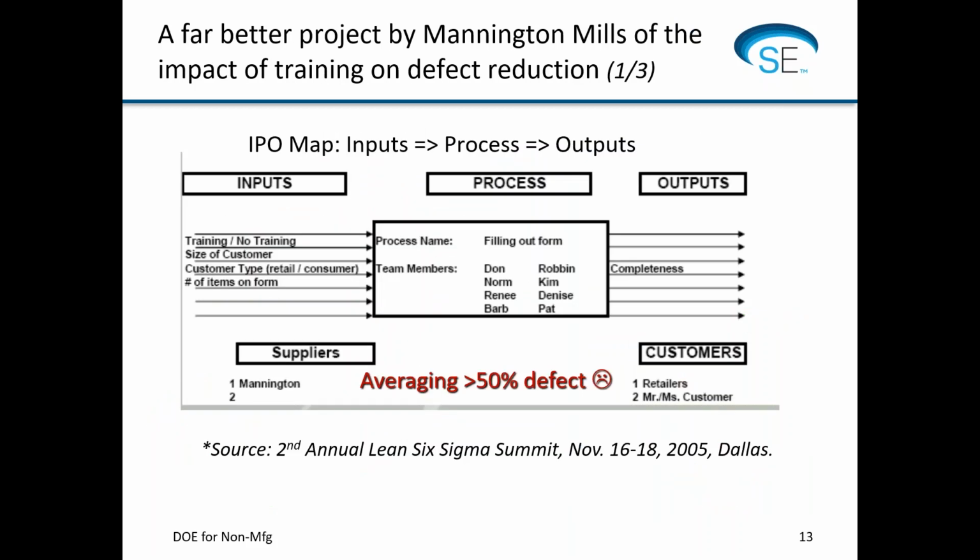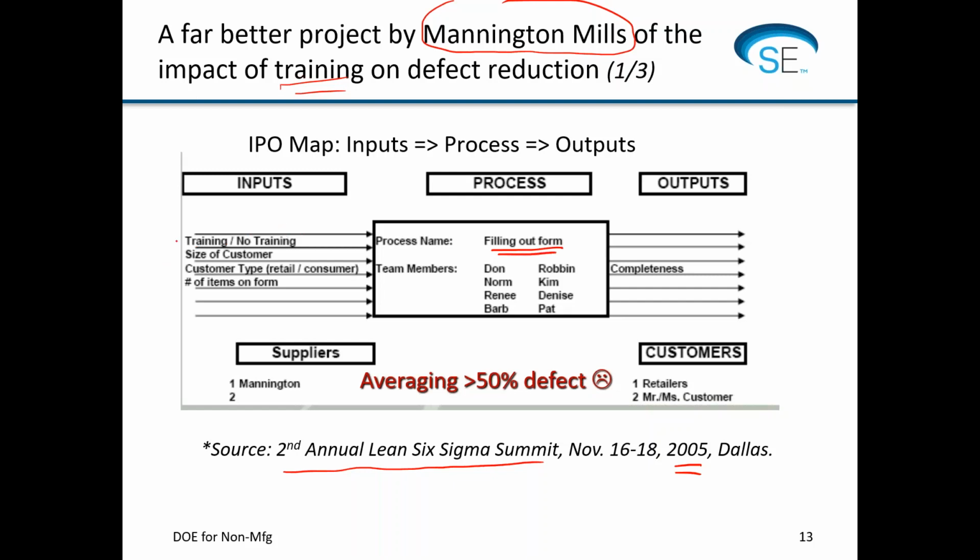Now, another one that relates to training I came across in some research I did for my training at Ohio State Fisher College of Business. This was from the Lean Six Sigma Summit in 2005. This company, Mannington Mills, had a team of Six Sigma black belts working on trying to improve the process of filling out a form.